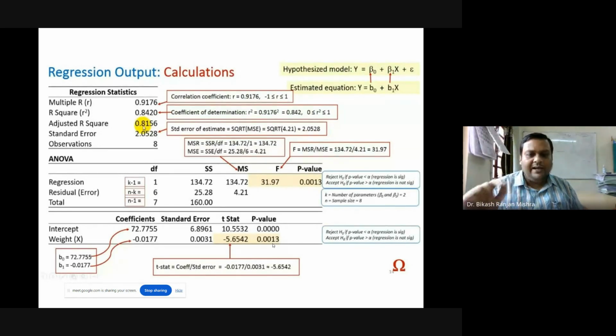That's why we are getting -5.65, which is well below -2. In the positive case, like the one above, it is 10.55, which seems even more significant. That is the idea by which we interpret whether it is significant or not significant.